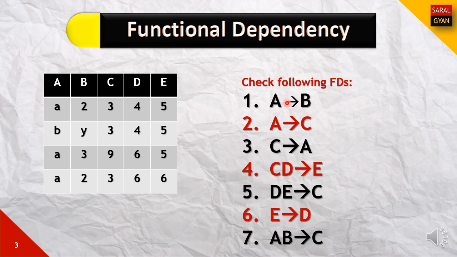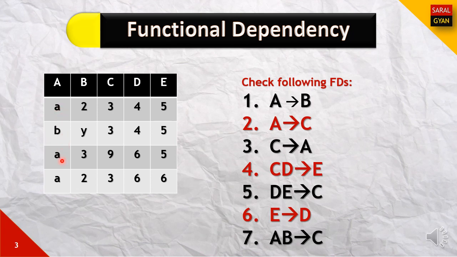I need to identify any two arbitrary tuples where the value of attribute A is the same. In this case, the first tuple has value small a, and the third tuple also has value small a for attribute A. So the first condition is satisfied, T1 of alpha equals T2 of alpha.